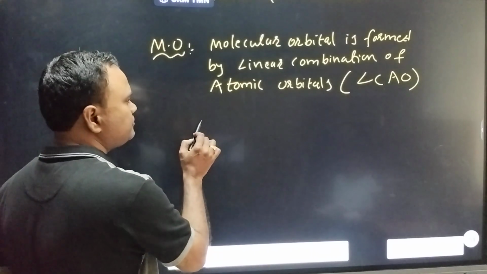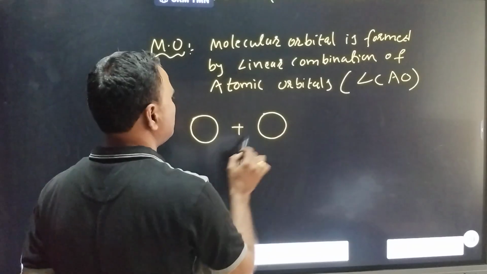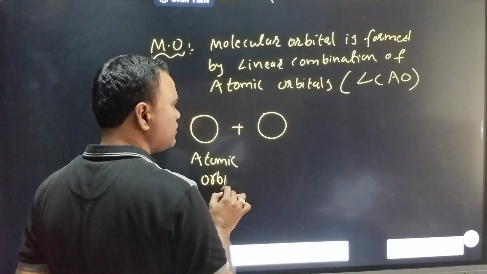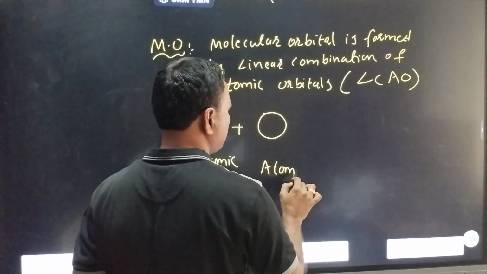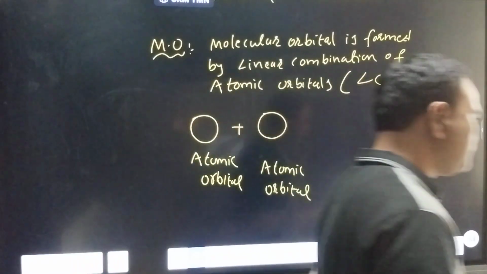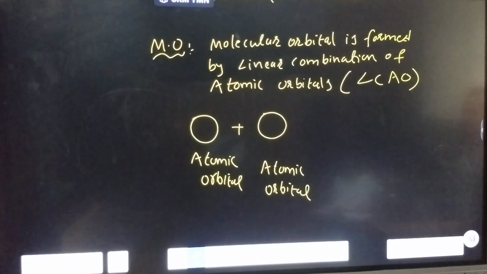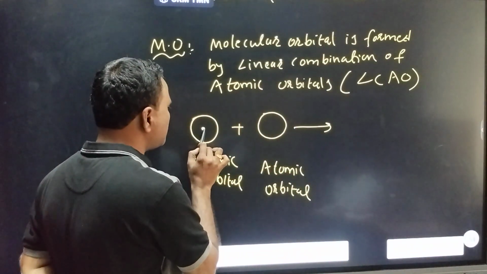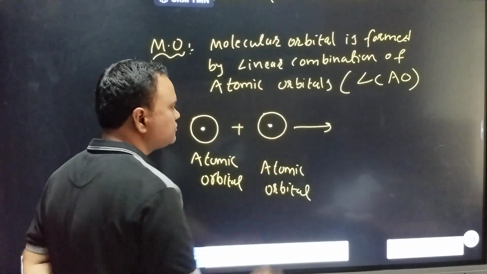Look at this, all of you. This is one atom and this is also one atom. This is atomic orbital. Let us consider this is the center of the atom. What is the center of the atom generally?